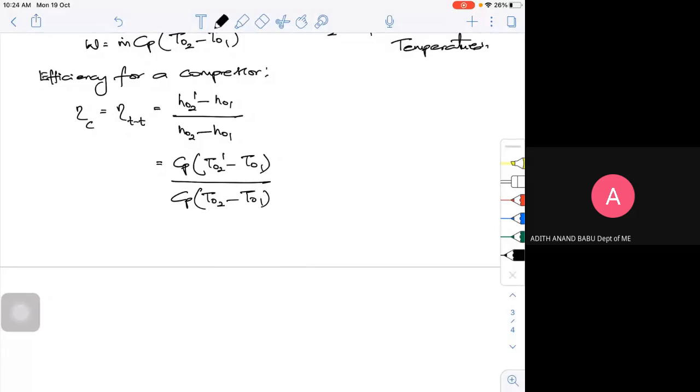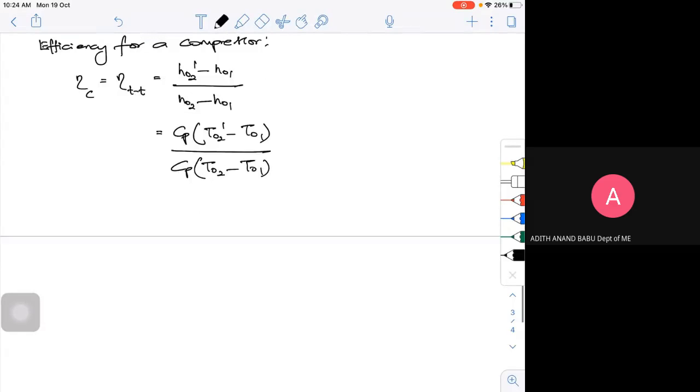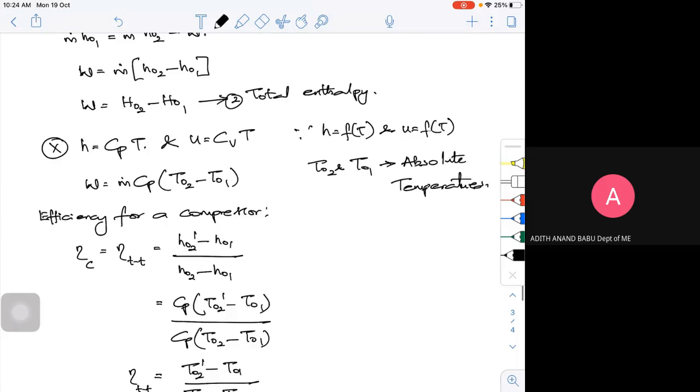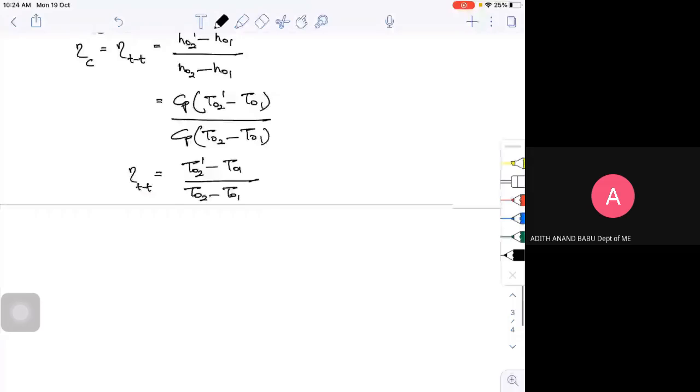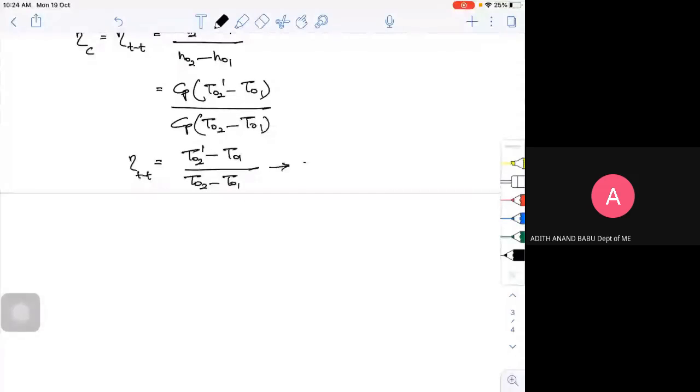Cp simply cancels out. I can write this as the total to total efficiency or compressor efficiency: T naught 2 dash minus T naught 1 divided by T naught 2 minus T naught 1. Let me call this expression number 3. So if I call the earlier one 2, I can carry this as 3.